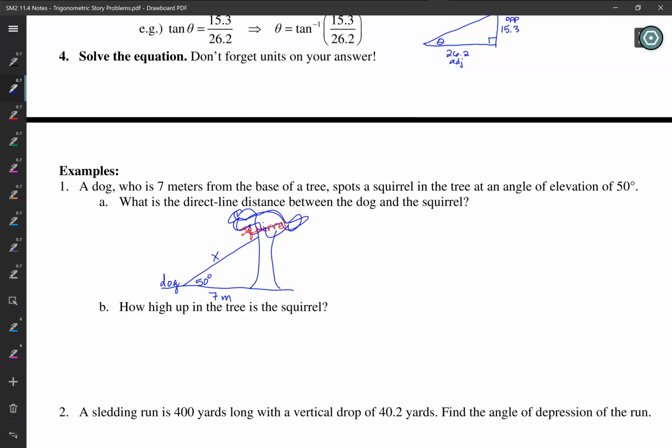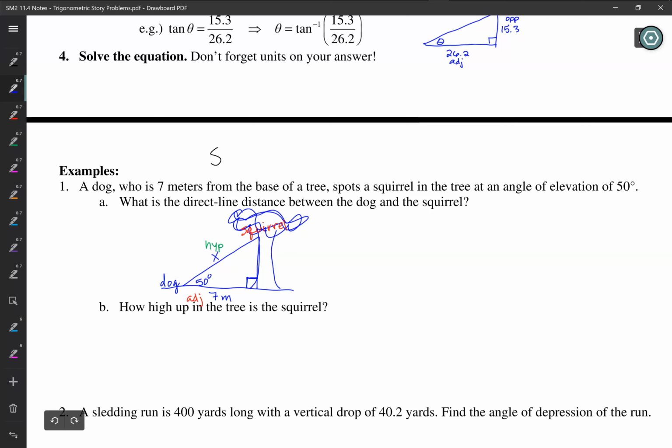So I've got a triangle. There's my right angle. I want to think about what sides are involved in this problem. Well, x is across from the right angle, so x would be the hypotenuse. And the 7 is right next to the 50 degrees. So 7 would be adjacent.